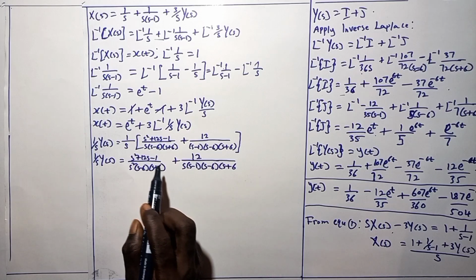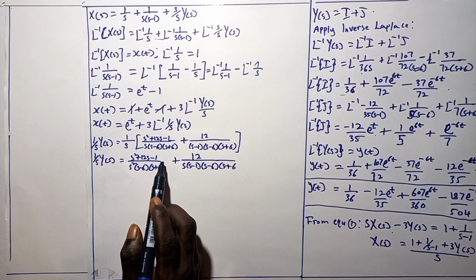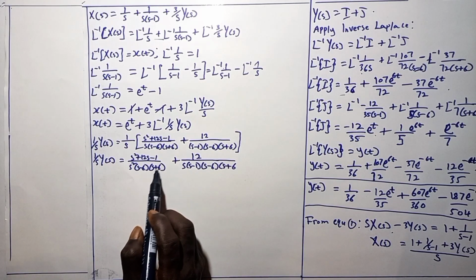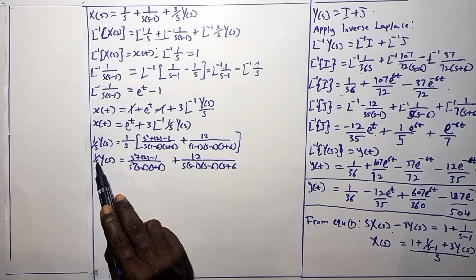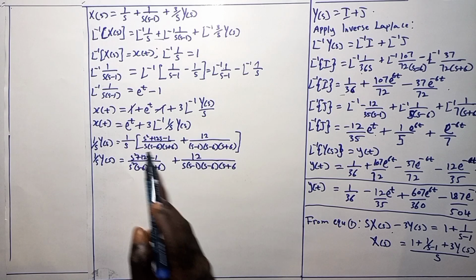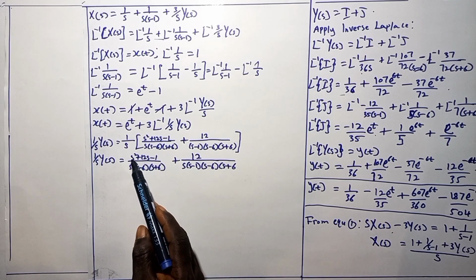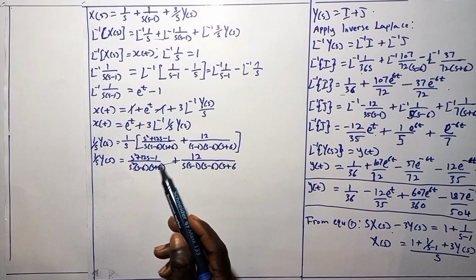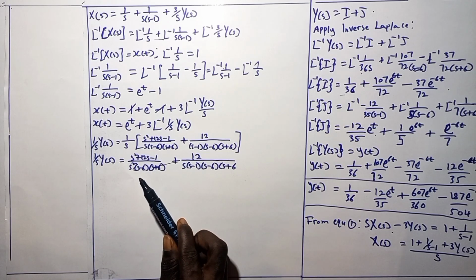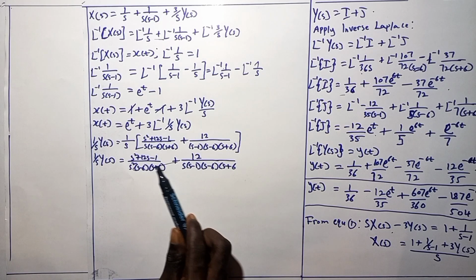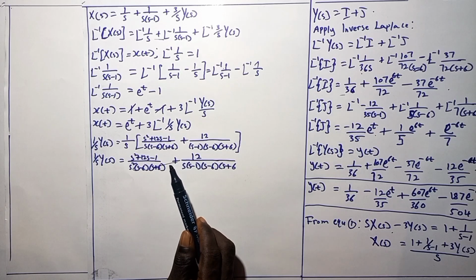So now this right here is our 1 over s times y of s. So what we do is take the inverse Laplace of this. But as we can see, taking the inverse Laplace of this directly will look complex.